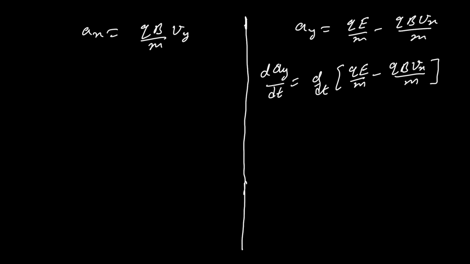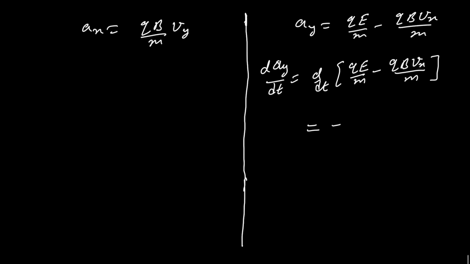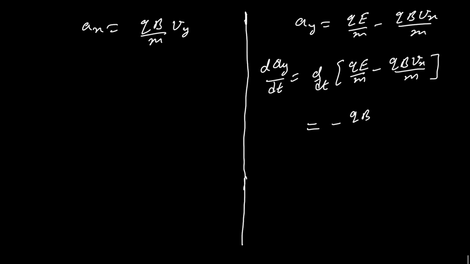Now since qE by m is a constant quantity, differentiation of that will be 0, and for vx we get differentiation of vx only. So qB by m is constant, we take it out and now we differentiate d by dt of vx.